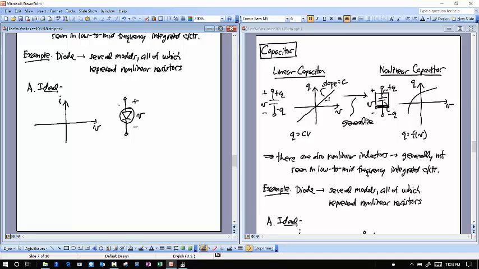But put a circle around it to mean it's an ideal diode. So there's the voltage, there's the current going across this ideal diode.